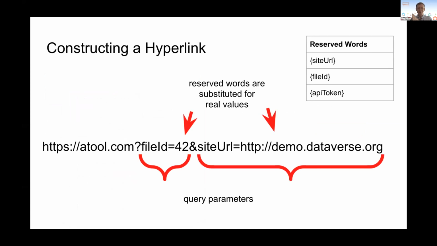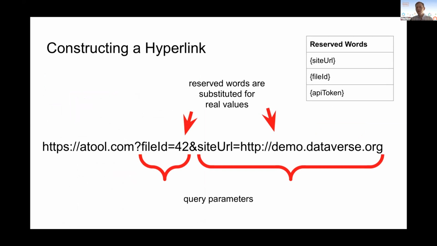Thank you again for building all of these tools. Here we see a couple of query parameters. Instead of just fileID, we also have added siteUrl. And from the Dataverse perspective, we call these reserved words within the external tool framework. So we launched with 3 reserved words that you can use as a creator of a tool.